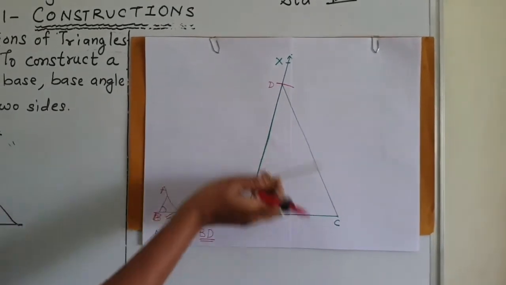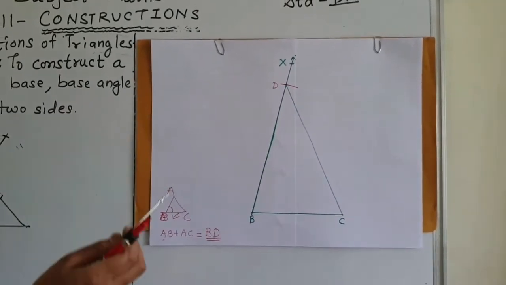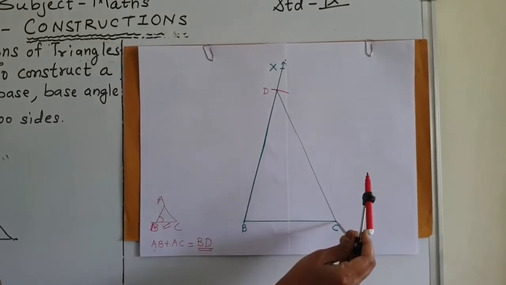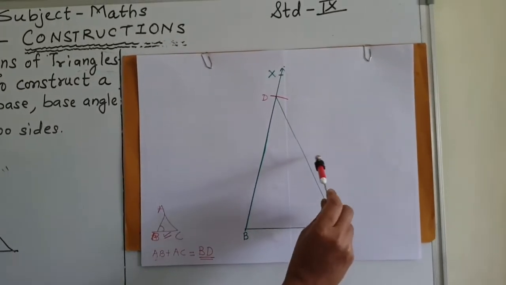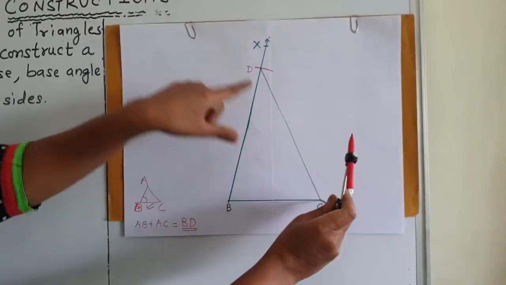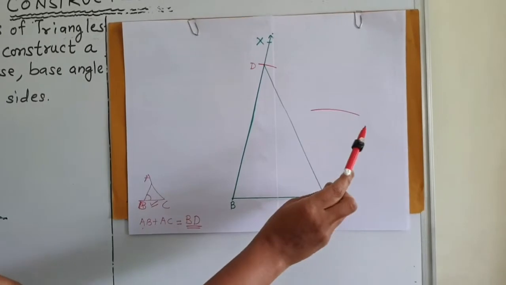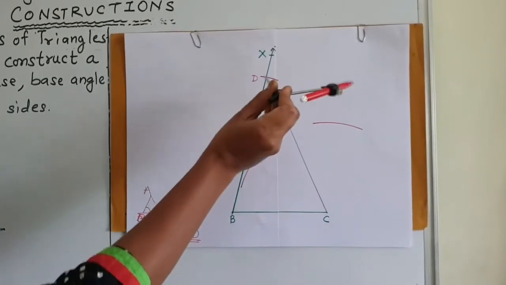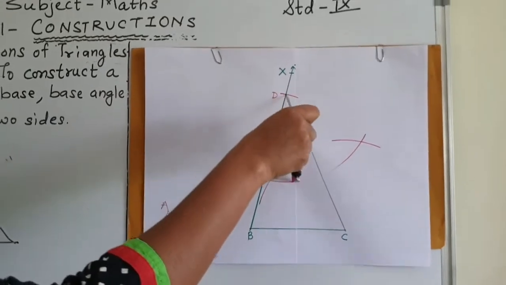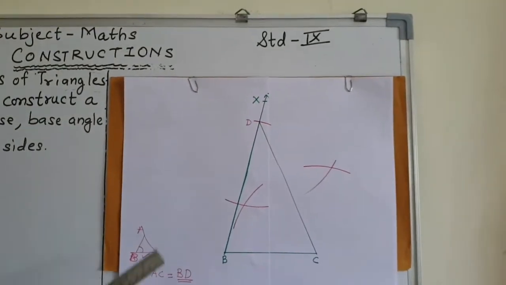Now we get this CD as a line segment, and then we have to draw a perpendicular bisector of CD, taking more than half and centers C and D, and drawing arcs. Then join these intersecting arcs.